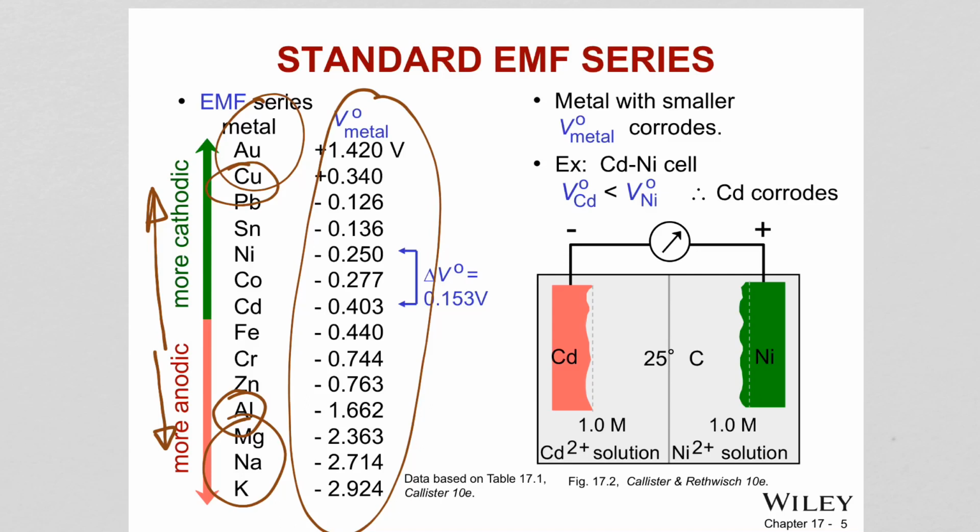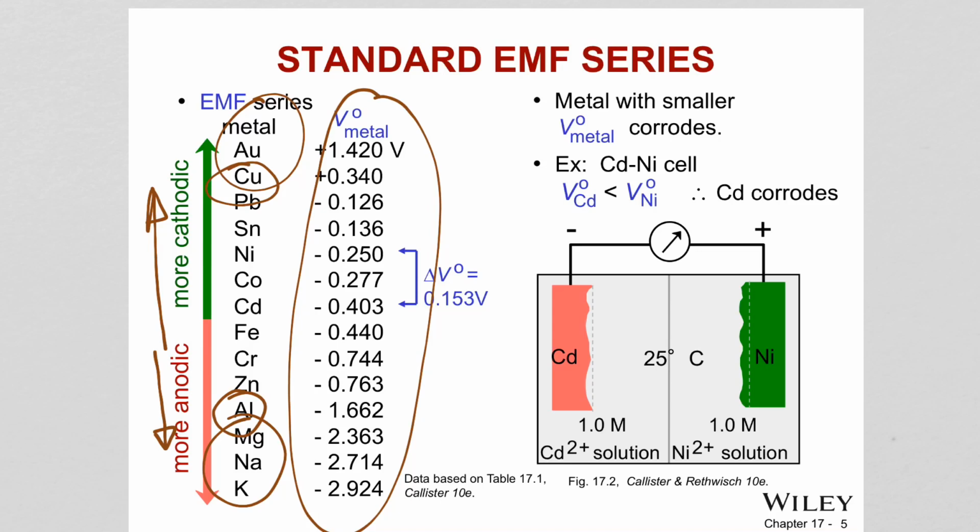Of course, the aluminum is going to corrode preferentially, because it has a lower electrode potential. And always remember, the more positive will act as the cathode here.